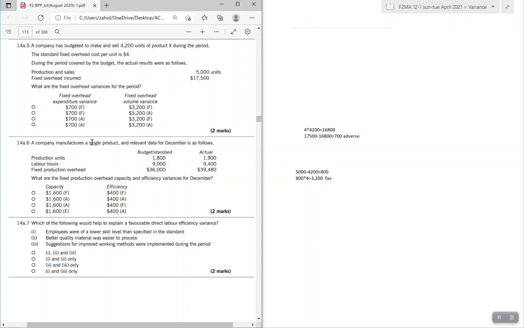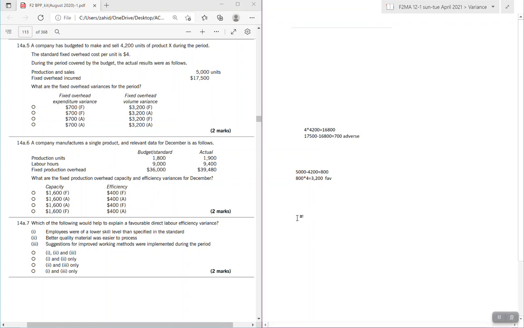A company manufactures a single product, and relevant data for December is as follows. We have production units 1,800 and 1,900, labor hours 9,000 and 9,400, and then fixed overheads. Capacity looks at total time available and total time worked. In capacity, the more hours we work, the better it is. If you forgot about it, go back to that accounting for labor chapter and look at the ratios.